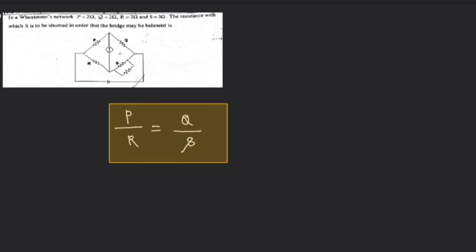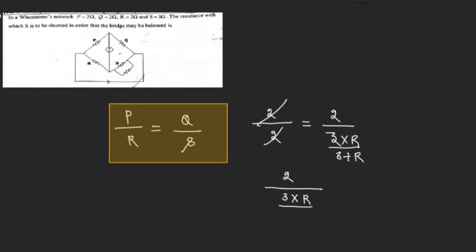So here, what is the P value? The P value is 2 and the R value is also 2, which should equal Q by S. The Q value is 2, but the S value is 3. Now it is unbalanced, so we shunt one more resistor here. Let's say I shunt a resistance R here. Now 3 and R are in parallel, so I can write them as 3 into R by 3 plus R. Then the 2s cancel, so 2 by 2 into 3R by 3 plus R should equal 1.